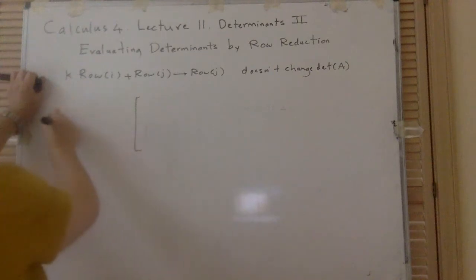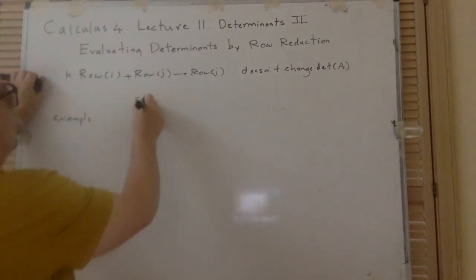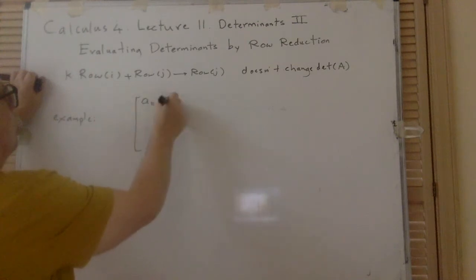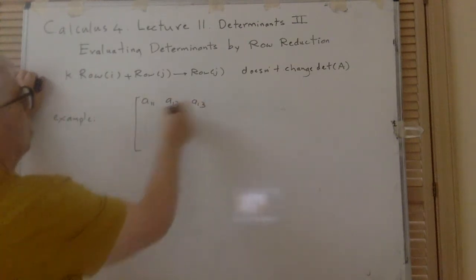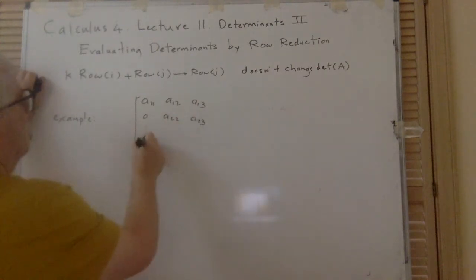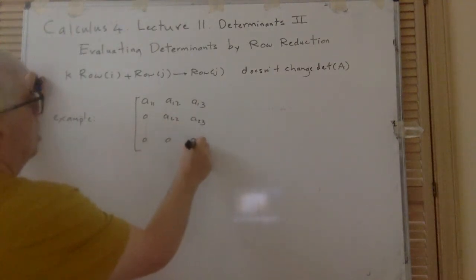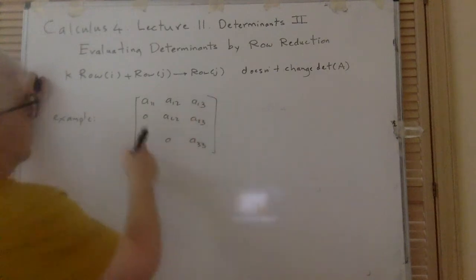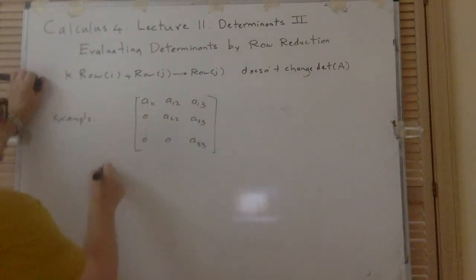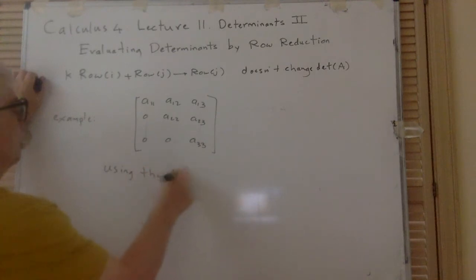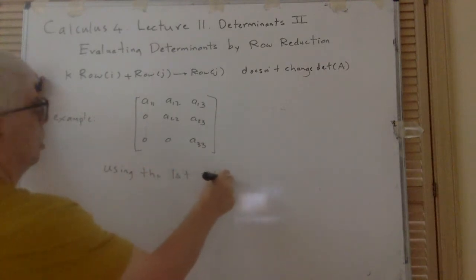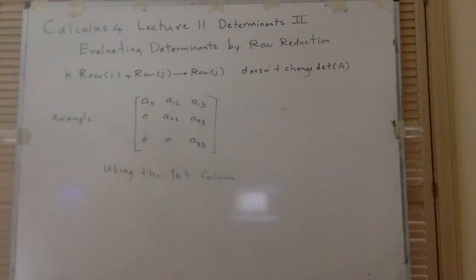So, example, this is upper triangular with A11, A12, A13, 0, A22, A23, 0, 0, A33. Let's use the first column.